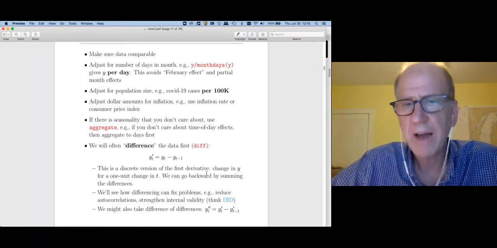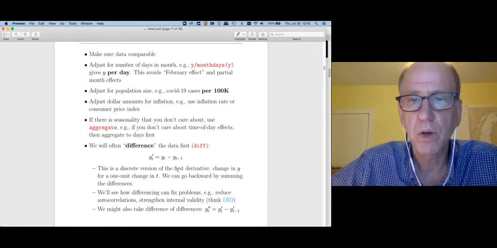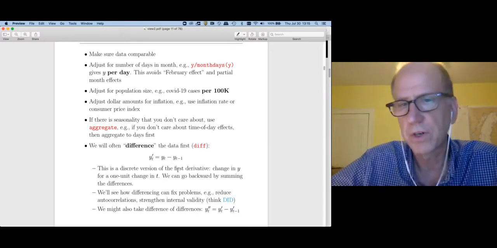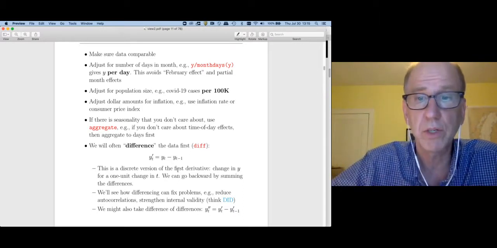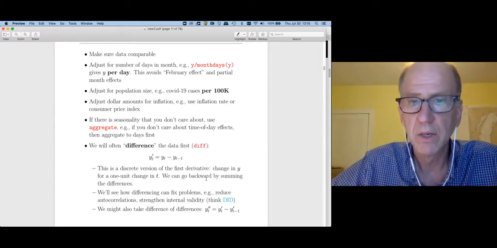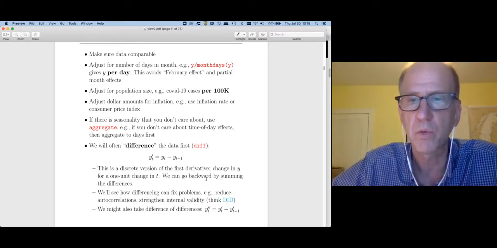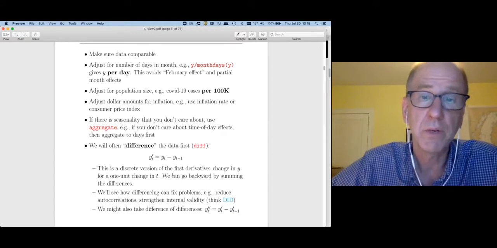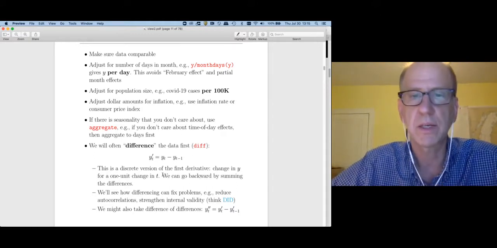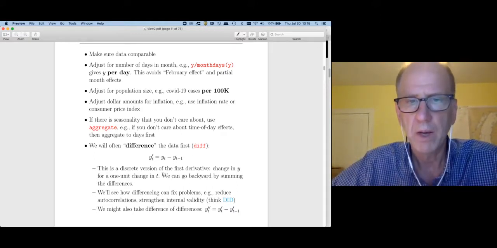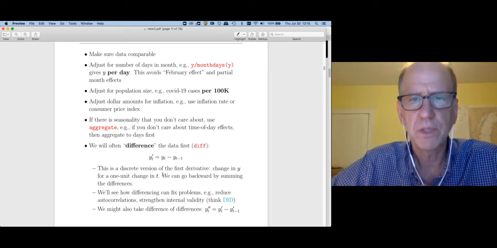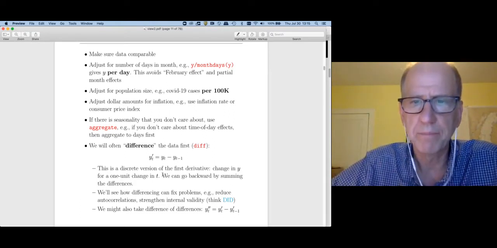A key fact here: just like we can go from the derivative of a function back to the original function through integration, we can go back to the original series, if we want to know the total number of COVID cases or whatever, by summing the differences. Summing is just like integration. So often using the difference data will solve a lot of problems for us.